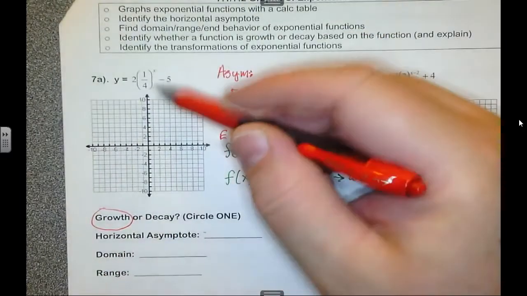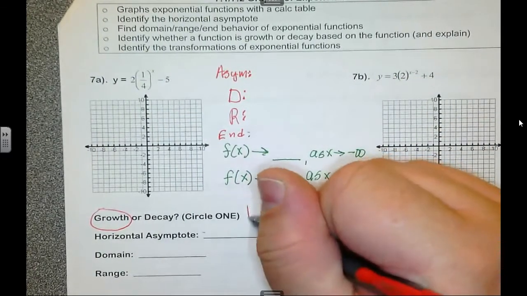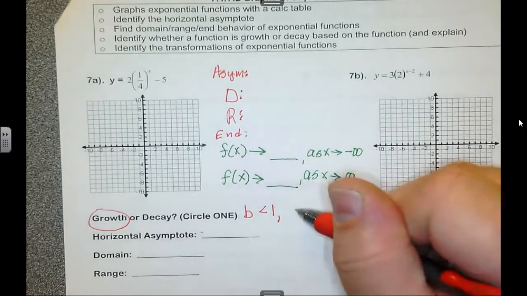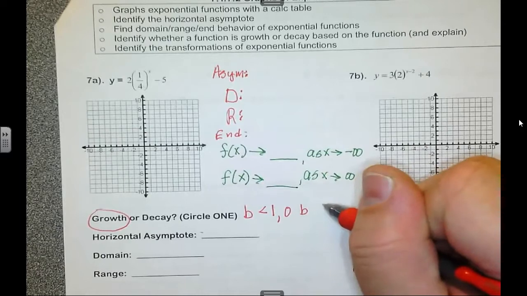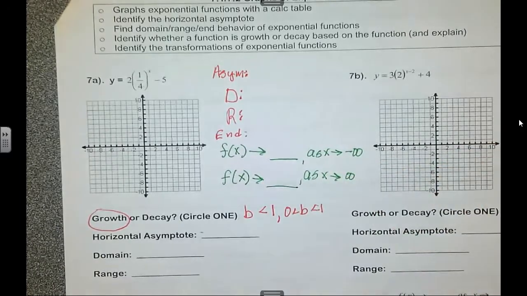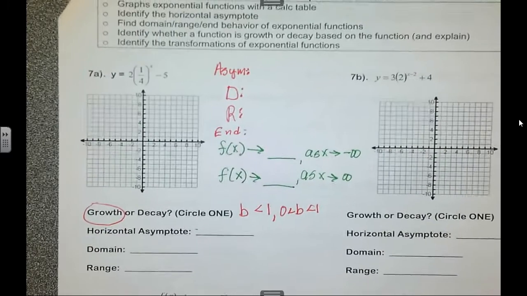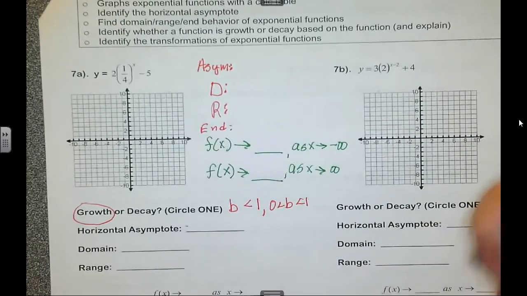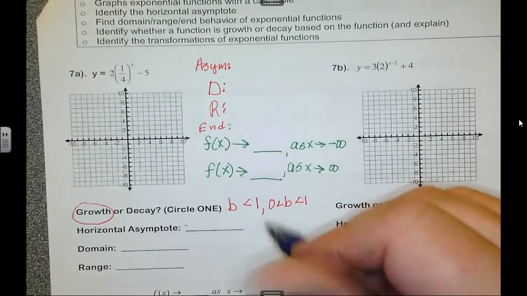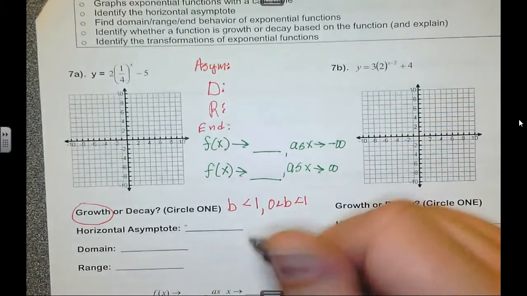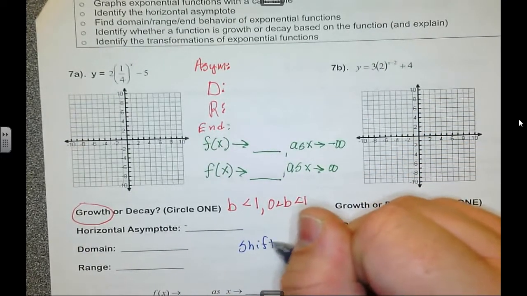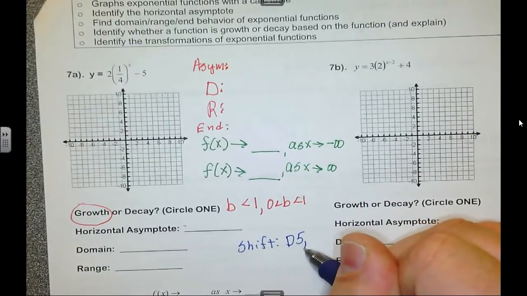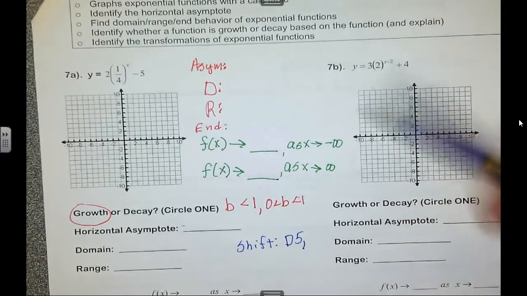It's growth because my b is less than 1, or my b is a fraction between 0 and 1. Horizontal asymptote, well, my transformations, or my shifts, is down 5. That's it. I only have the one shift.